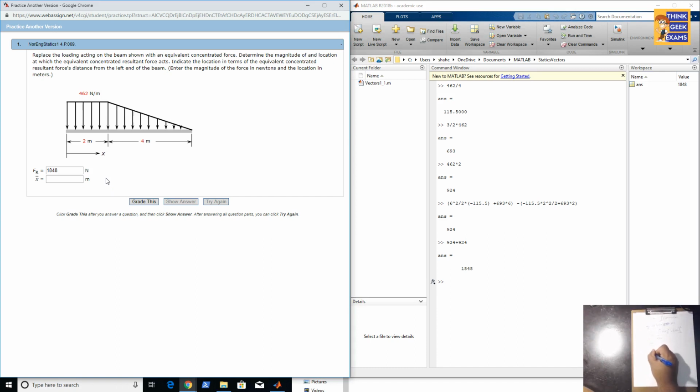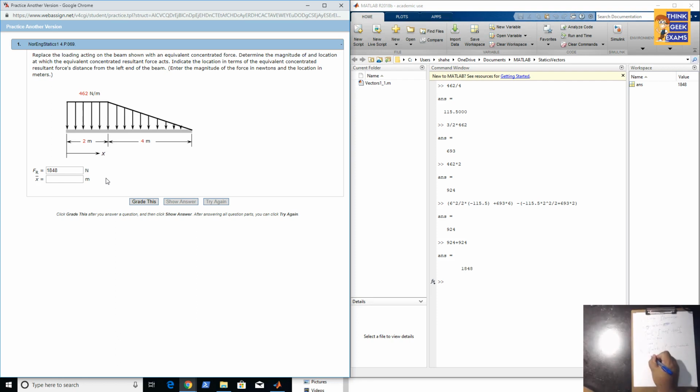So MR is pretty similar, except we are going to multiply each force by x at the point where it's acting, and it's 462x plus minus 115.5 x squared plus 693x dx.